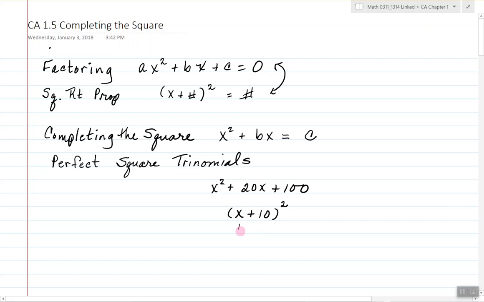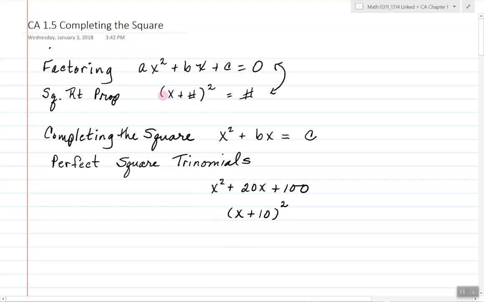Do you remember we checked by multiplying and then doubled it to see if we got the middle term? So this is called a perfect square trinomial because its factors are a binomial squared. And I want you just to look at something. Look at this and look at this.